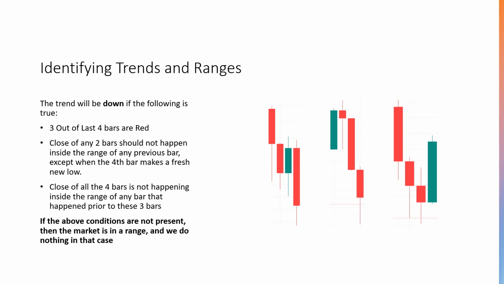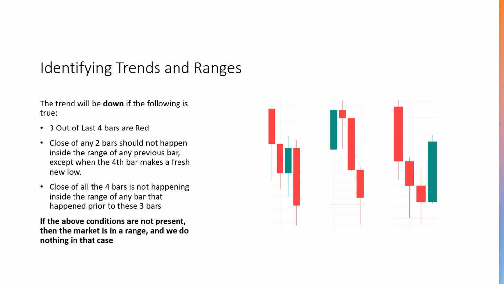The trend will be down if the following is true: three bars out of the last four bars are red. As you can see in the picture, three bars out of the last four bars are red, which means the market is in a downtrend. That was the second criteria. The close of any two bars should not happen inside the range of any previous bar, except when the fourth bar makes a fresh new low.